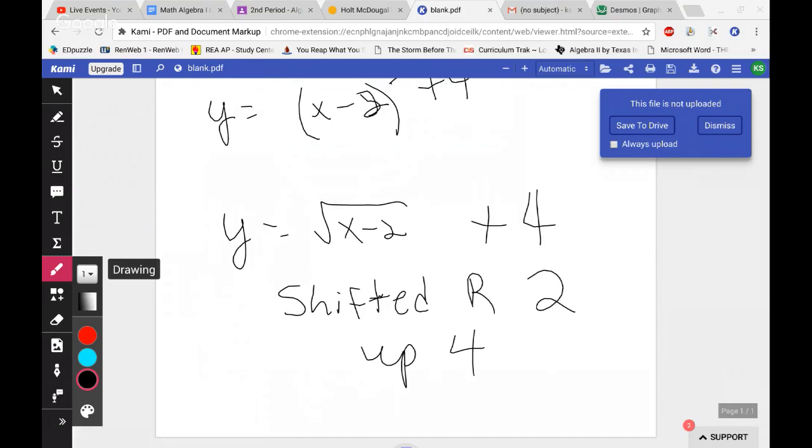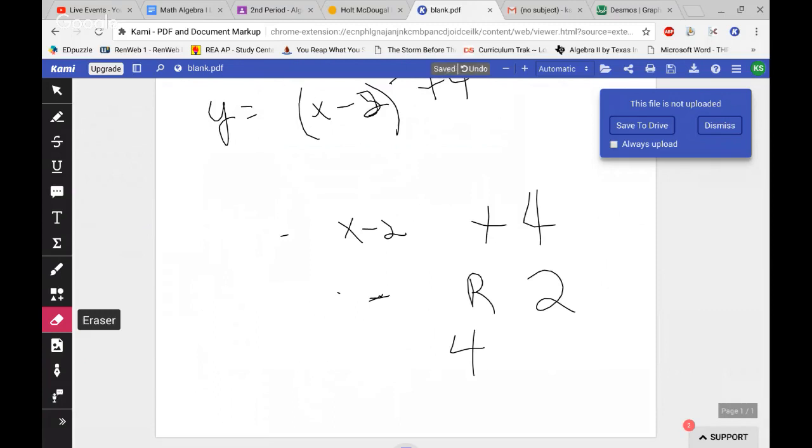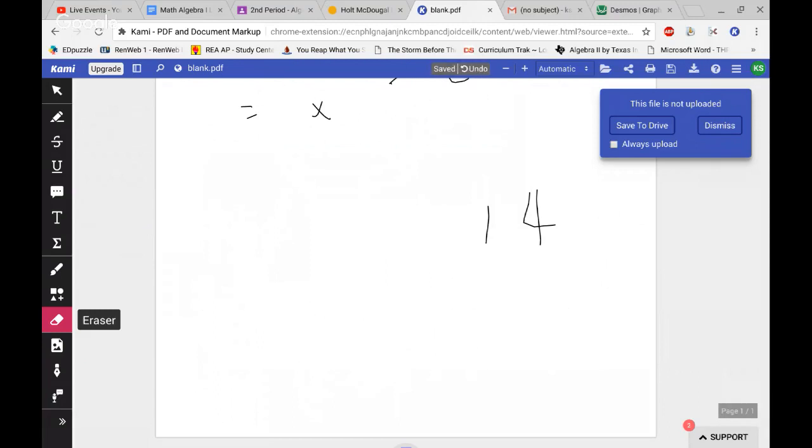Let me go back, and I'm going to put one up there, and you tell me how it shifts. I'm not going to add the squishing, but we can talk about that some more if you need to.